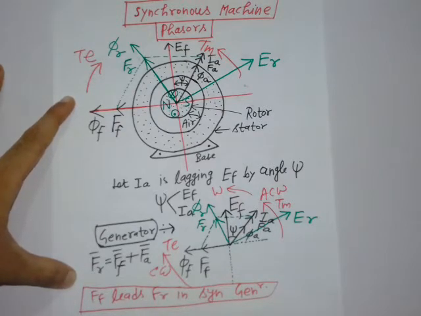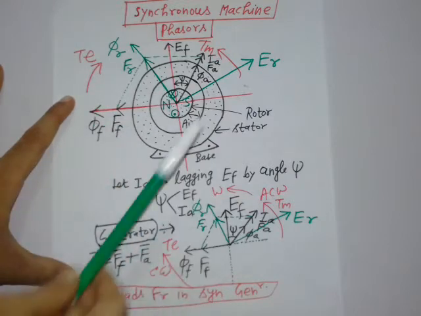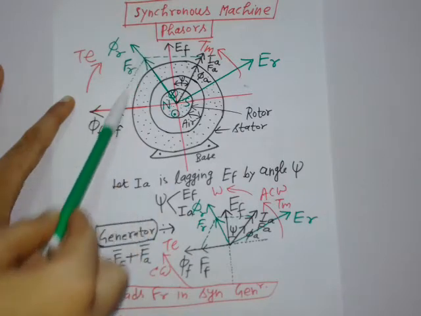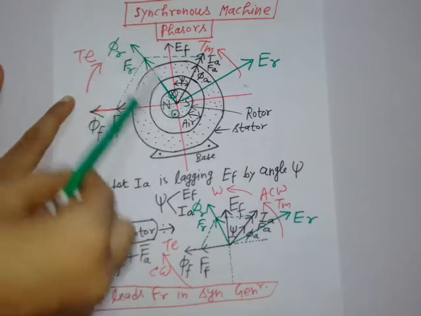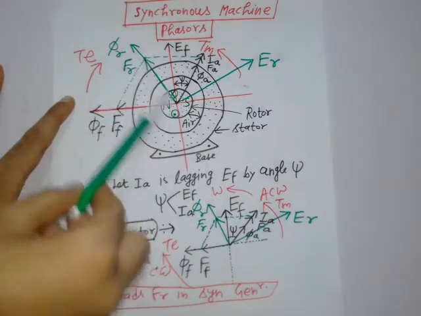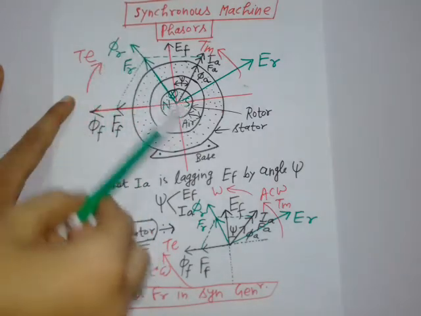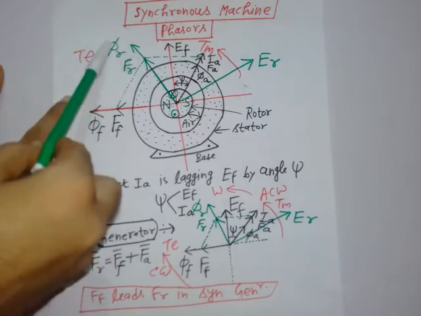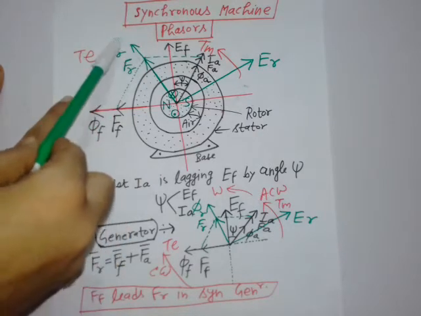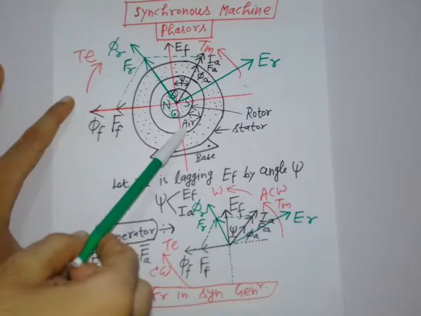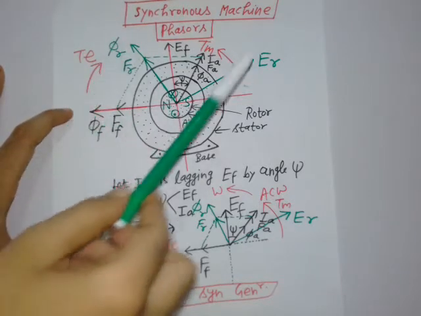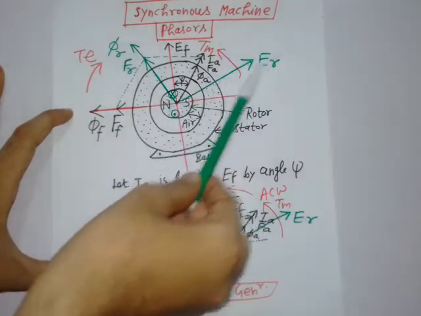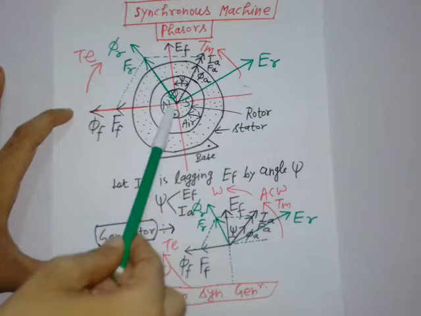When you take the phasor sum of FA and FF, you will get resultant MMF FR on this axis, and on the same axis you will get the resultant air gap flux phi r. Flux and MMF are always co-phasor quantities, we have already explained. And at 90-degree phase displacement you will get air gap voltage ER on this axis.